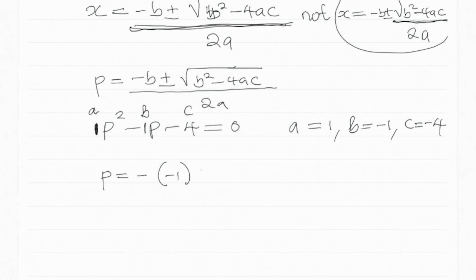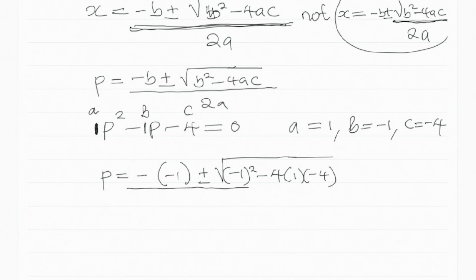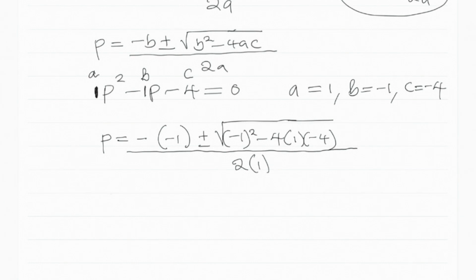So negative negative 1 plus or minus square root of what is my b? Negative 1 all squared minus 4, then what is my a? That is 1. And what is my c? That is negative 4. Everything, I'm emphasizing on the division line, everything over 2a. And what is my a? That is 1.